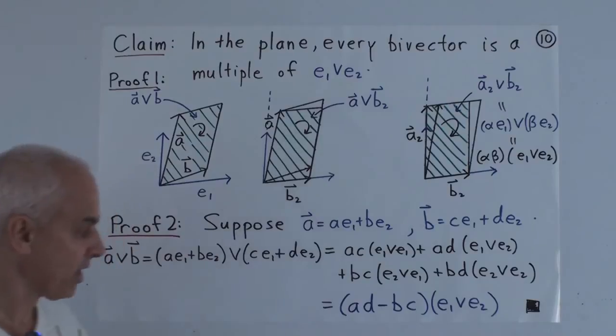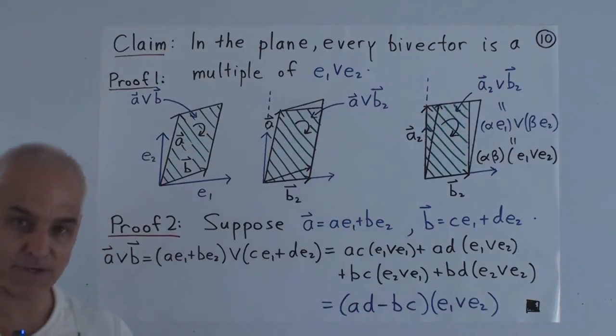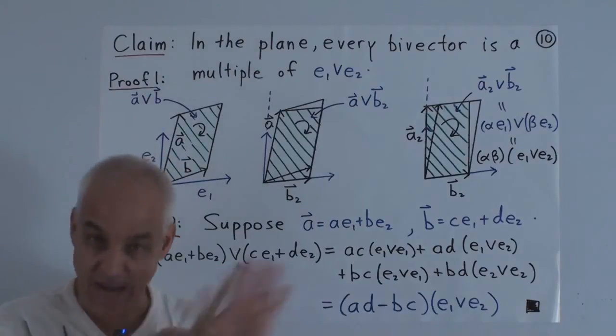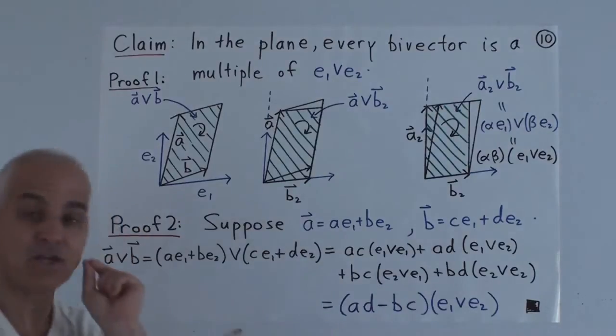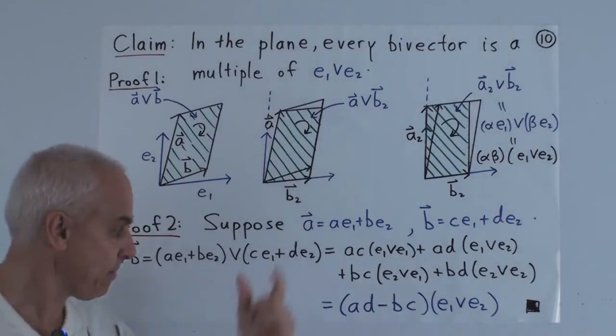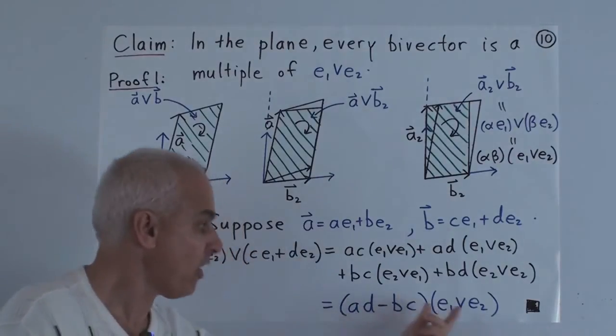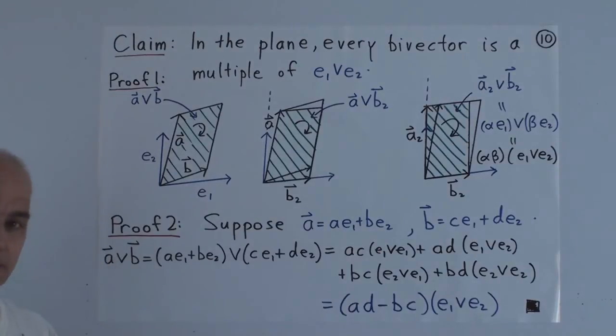This is a very important formula, because now we see that this AD minus BC term, which is the same formula that we found for the area of a parallelogram formed by these two vectors, has an interpretation purely in terms of bivectors. It's simply the multiple of this basic bivector represented by the bivector A wedge B. It's a very important idea.